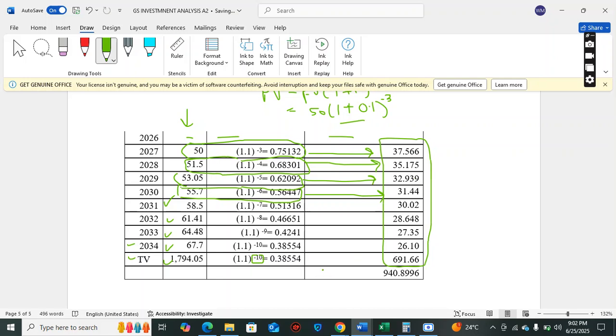And when you add them up, this is the price of the stock today. In 2024, this stock, that's its price. Any questions?